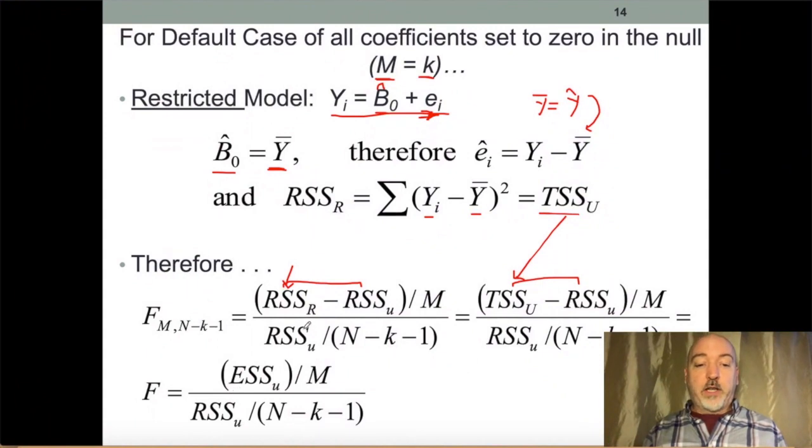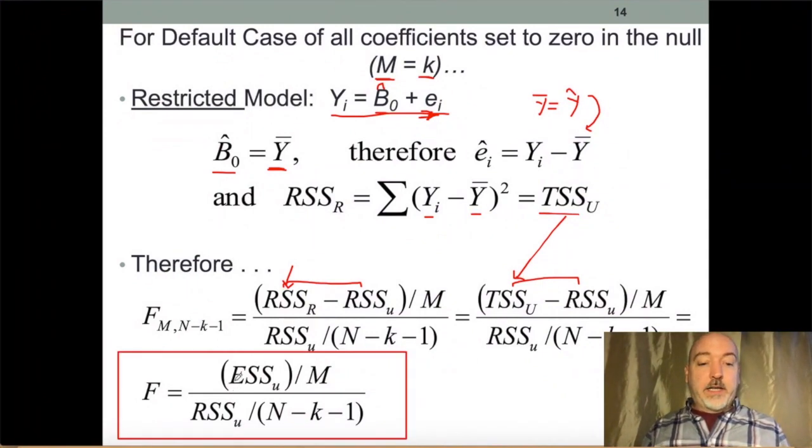So we can plug in the ESS into the numerator. Basically, it says we can calculate this whole ratio now without ever referring to the restricted model. We can just get the explained sum of squares and the residual sum of squares from the unrestricted model to make this calculation. So that'll save us some time.